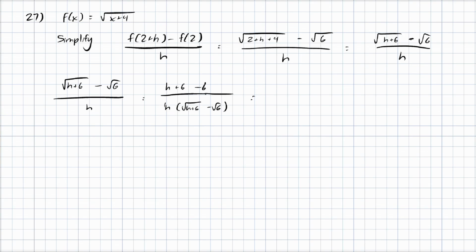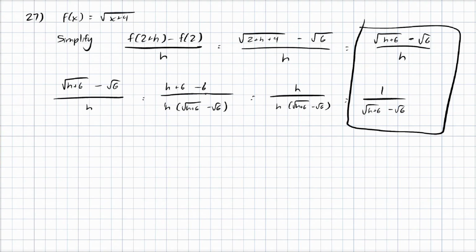This gives you h over h times root h plus 6 minus root 6, which is 1 over root h plus 6 minus root 6. Okay. Two variations for funsies. Also, that's not a minus sign, should be a plus sign. Because I'm multiplying by the conjugate, you switch the sign. There you go, plus sign. Whew, that is number 27. Moving on, number 28.